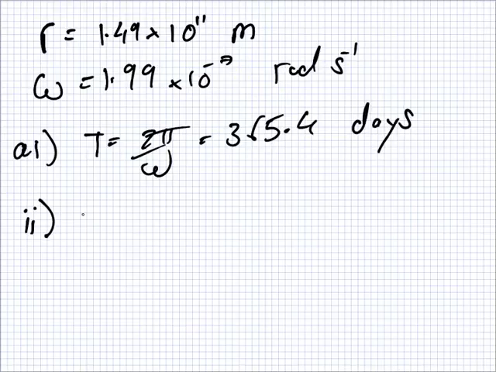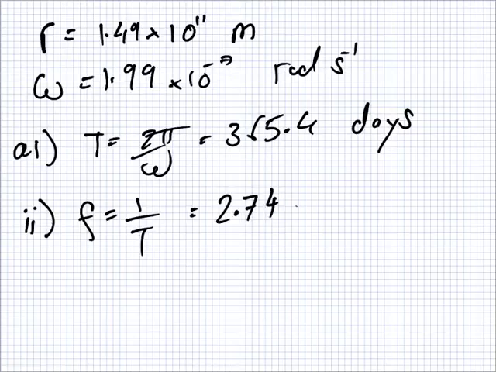Frequency? Okay. In days, or you don't care? 2.74 times 10 to the minus 3 days to the minus 1. If you don't like that, and you shouldn't, we go back to seconds, yeah?